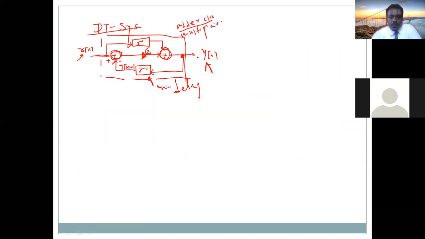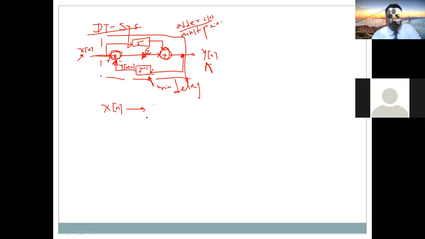So here we apply y of n, we get y of n minus 1. This is an adder, which adds two signals: from this side the input comes, and from this side the delayed output.